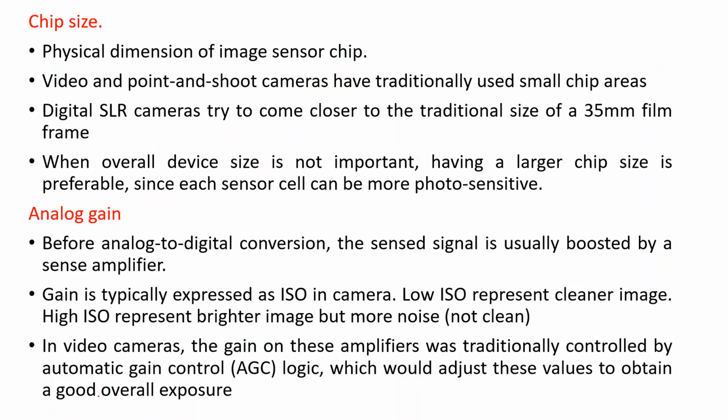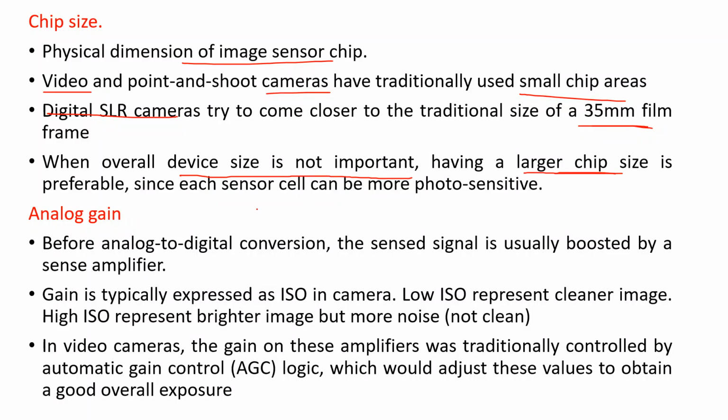Then next one is chip size. Chip size is nothing but the physical dimension of the image sensor chip. Video cameras have traditionally used small chip sizes, but digital cameras use the film frame of 35 millimeter. When device size is not important, it can be larger, meaning you can have a larger chip size.